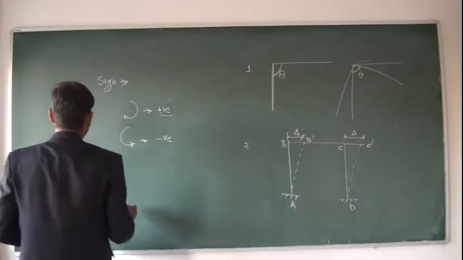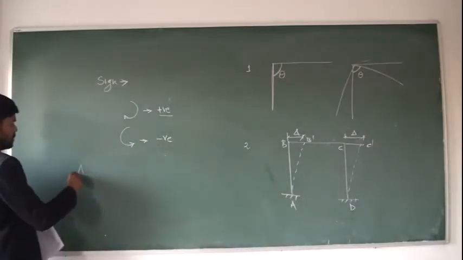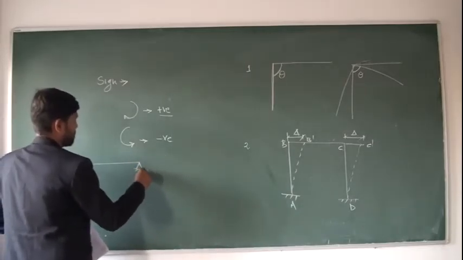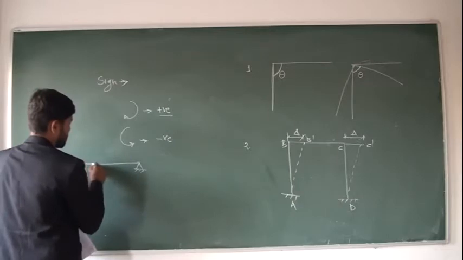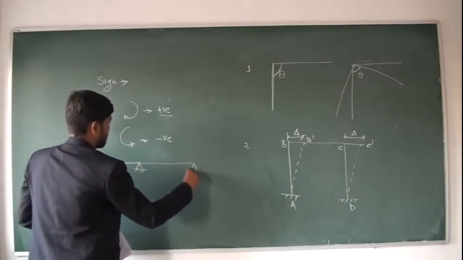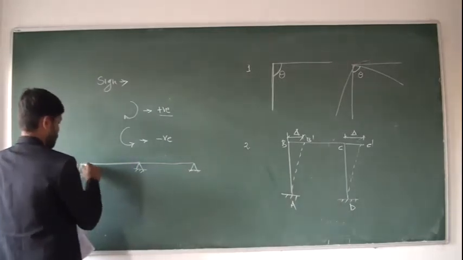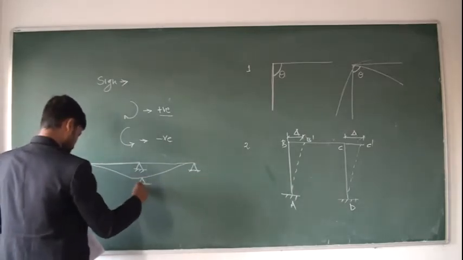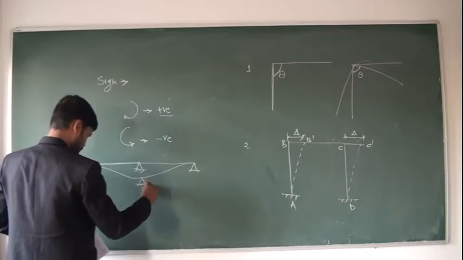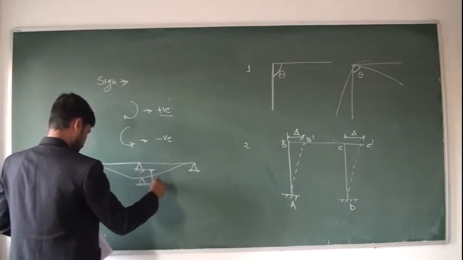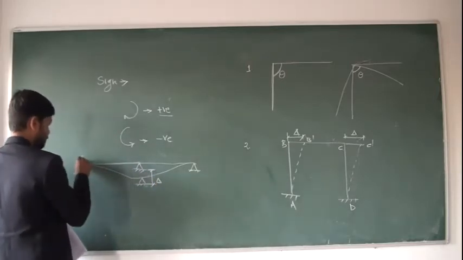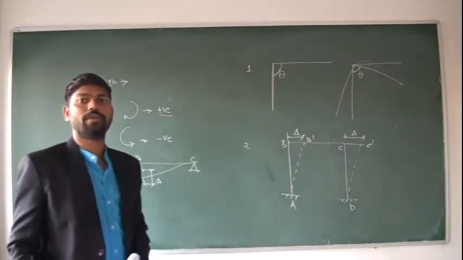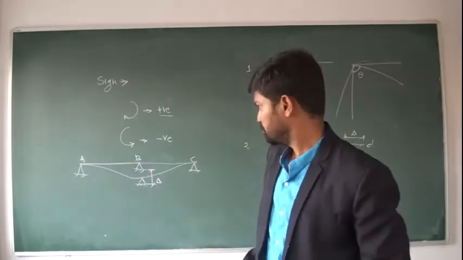First, the sign convention for settlement. If the beam support gets settled, now this is a continuous beam, and here the B support is settled by an amount delta.